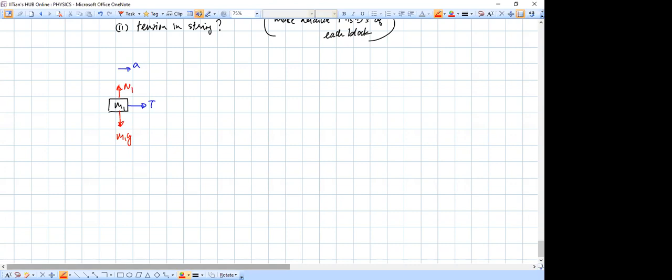And when we look at the block M2, because it's a massless thread, the tension will have the same magnitude.